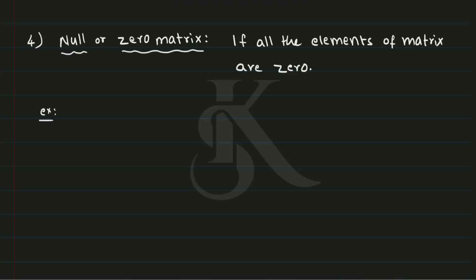Example: 0 0 0, 0 0 0, 0 0 0. These are square matrices. Take a screenshot and make notes of it.